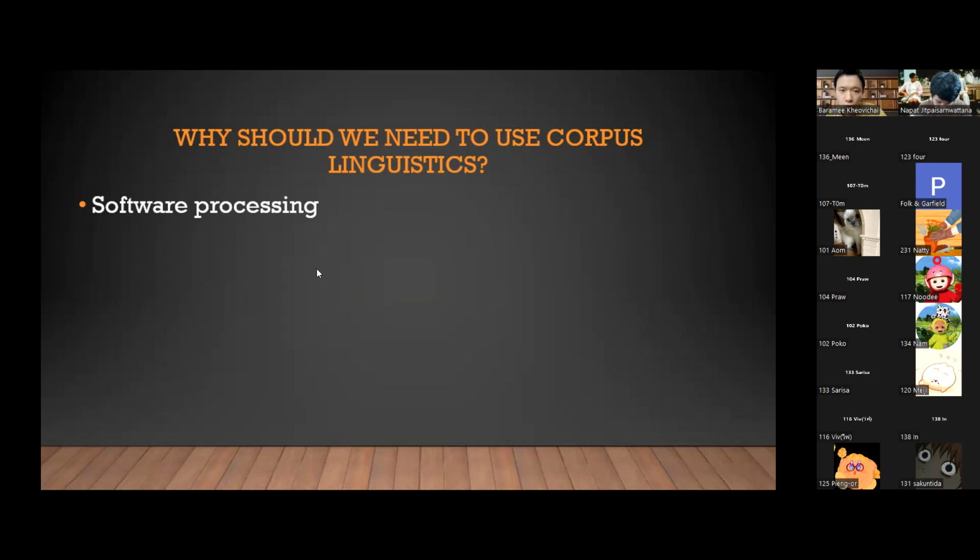Why should we use corpus linguistics? One thing is the power of software processing. Imagine you have 2,000 books in your hand and you want to search for the word responsible in these 2,000 books.